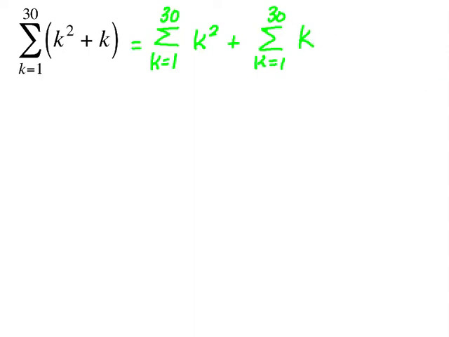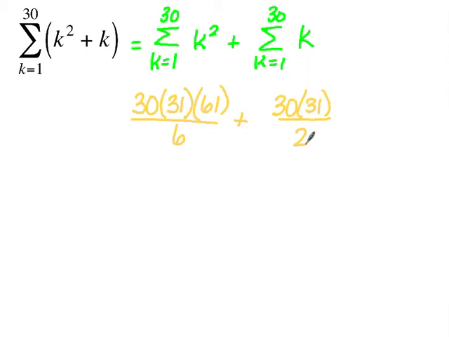If it's k squared, remember it's n times n plus 1 times 2n plus 1, all divided by 6. And then the sum for k should just be n times n plus 1 divided by 2.